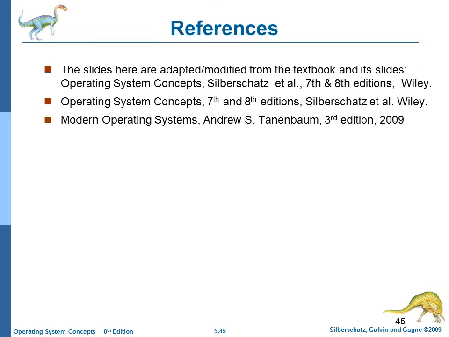As a conclusion, what we have seen today is an important aspect of a multi-programming environment in which multiple processes are residing in the main memory, the RAM, at the same time. So we have multiple processes residing on the ready queue.